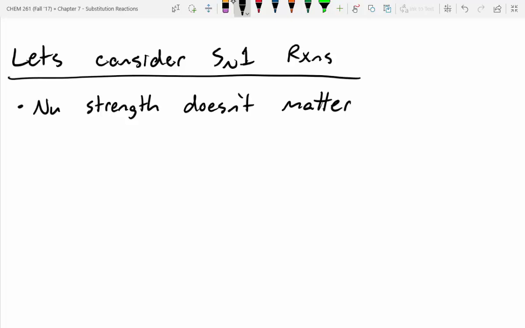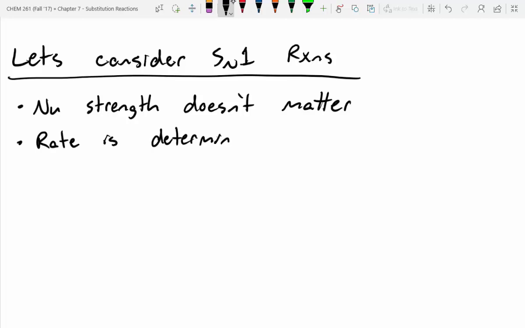What does matter for an SN1 reaction? What's the rate limiting step involved? Loss of the leaving group. Rate is determined by loss of leaving group.